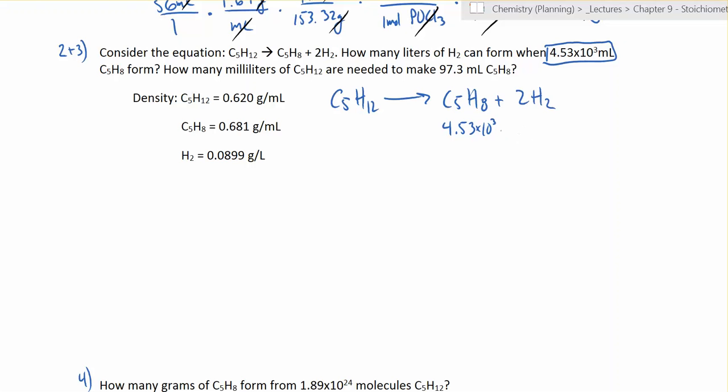So, just like we did before, let's use a density to convert those milliliters into grams, a molar mass to convert those grams into moles, a mole-to-mole ratio, a molar mass to convert moles into grams, and finally a density to convert grams into milliliters.